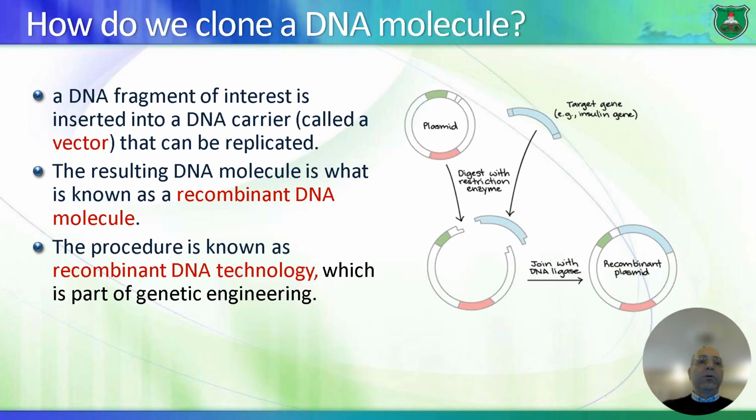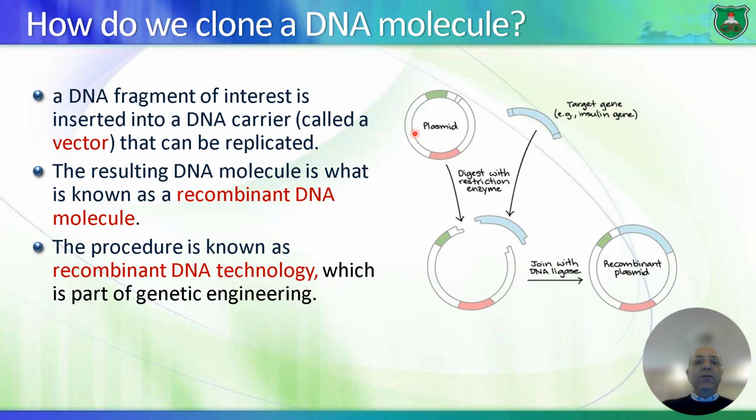Now, what we do is that we take these plasmid molecules and we make them function as vectors, meaning that we make them carriers of pieces of DNA. Target genes, for example, whatever piece of DNA that we want them to carry. And we create recombinant DNA, DNA made of different sources.